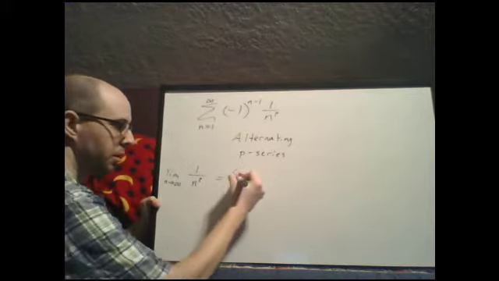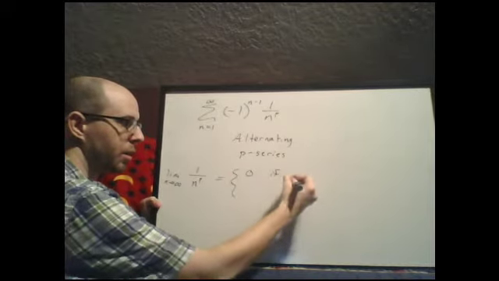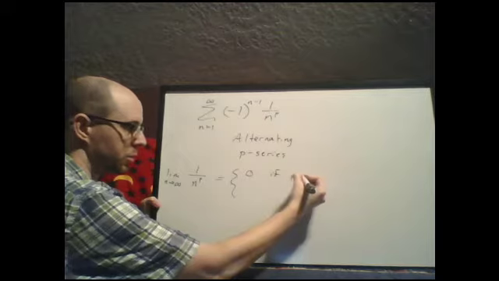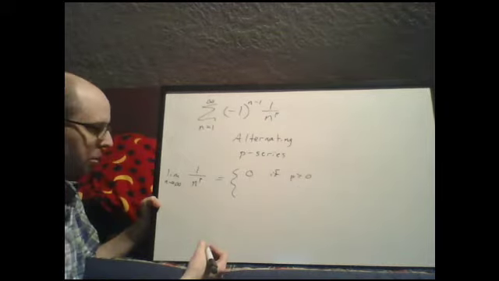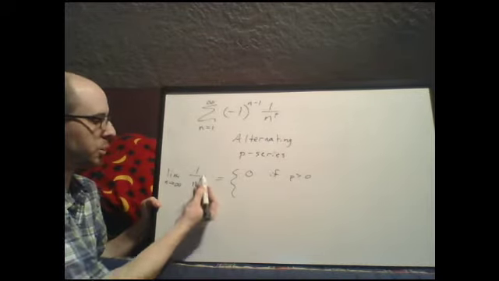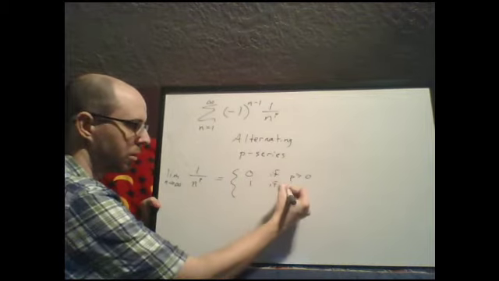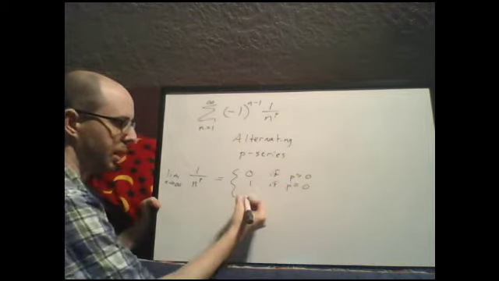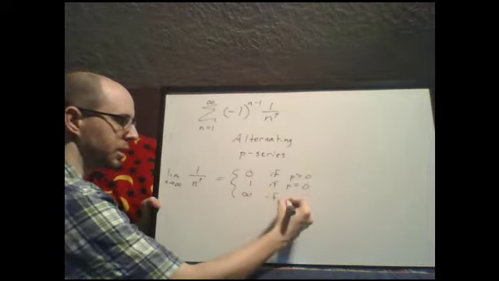So this limit will equal 0 if p is greater than 0. If p equaled 0, that'd be a silly sequence, this would just be 1 everywhere. So I'd get 1 if p equals 0. And I would get infinity if p is less than 0.